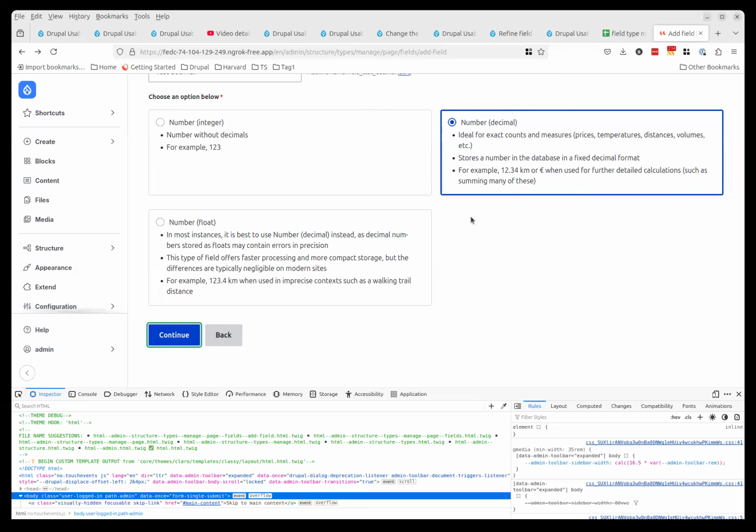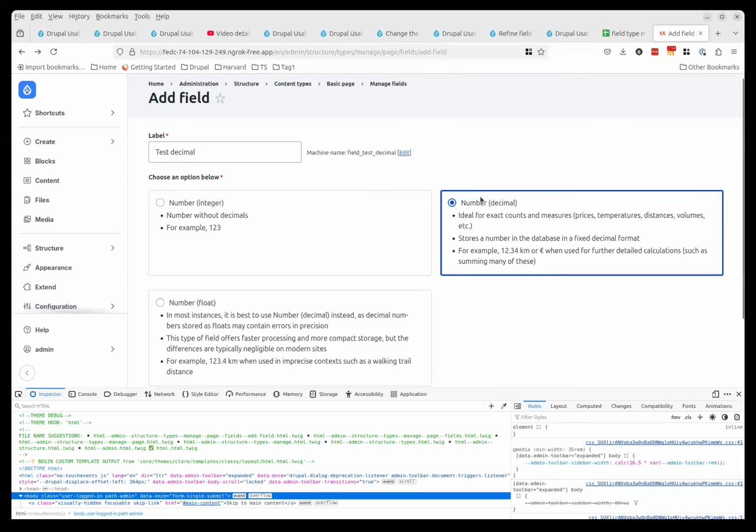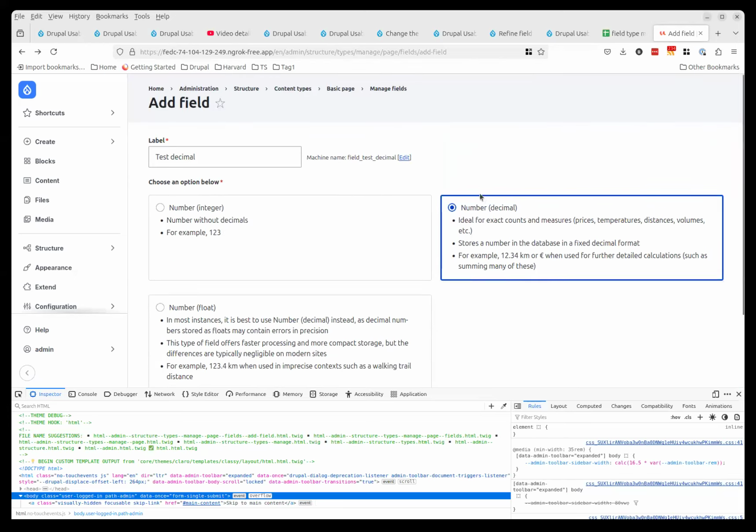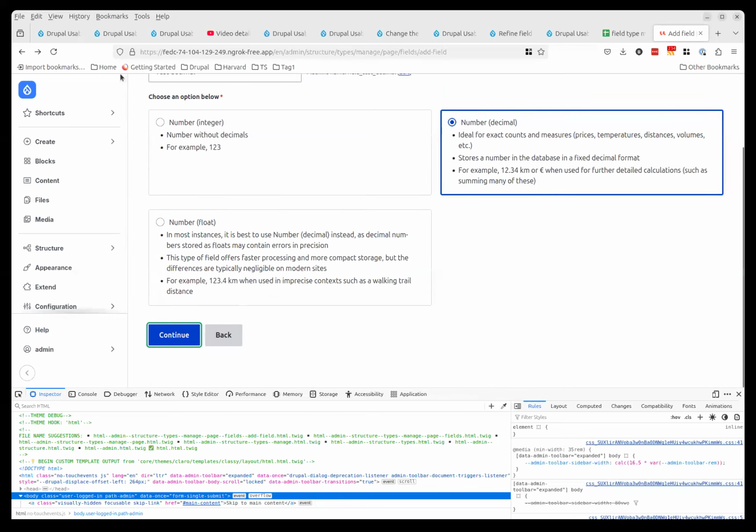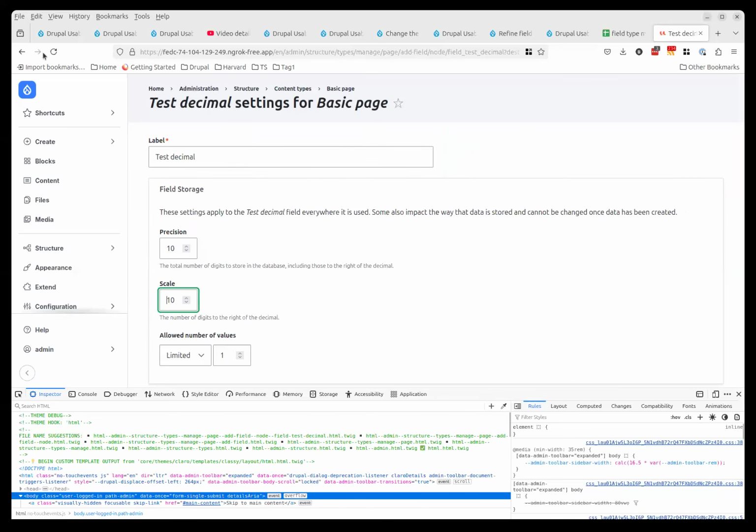In the scenario you've outlined, Benji, would it be worth considering providing that information about the precision and scale on the choose an option page, also on the field settings page? Because at the moment, if you choose number decimal and go there, on precision, if you manually enter a value instead of using the stepper, you don't know what the allowed maximum is.